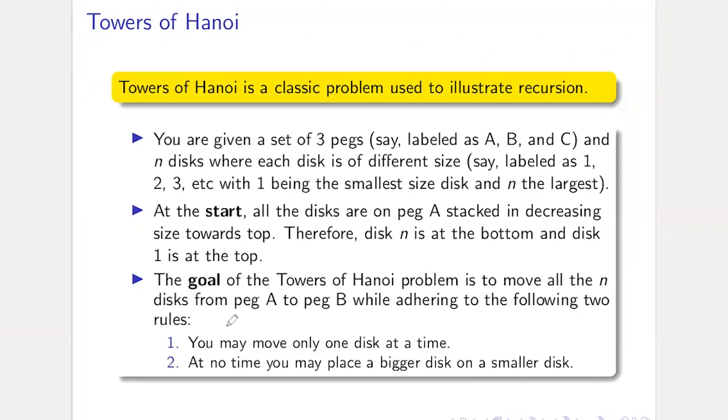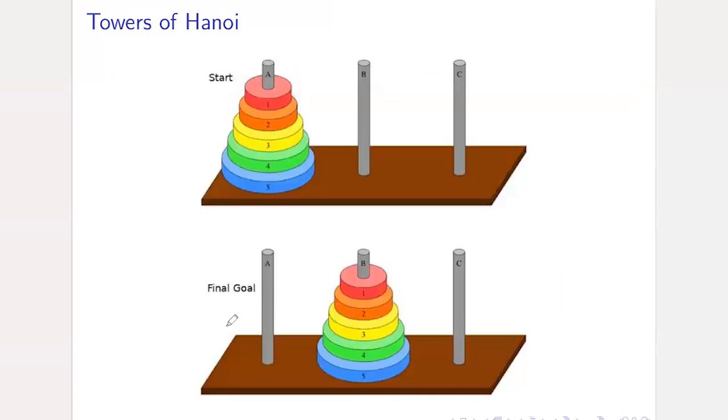You can't just keep it hanging around outside; you must move from one peg to another peg. And when you are doing that, you cannot put a bigger disk on a smaller disk. The smaller disk should always be on top of bigger disks. So that's the rule. Here's the graphical representation of the Towers of Hanoi start and the goal.